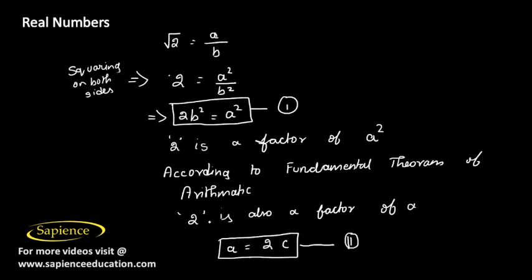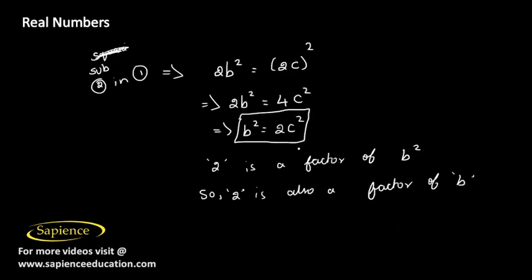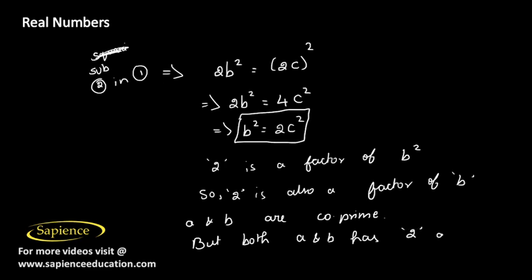So we just found out that 2 is a factor of a, and we are also getting 2 is a factor of b. But a and b are co-prime, yet both a and b have 2 as a factor. So what we are getting is a contradiction. We assumed that root 2 is rational, and from that we wrote root 2 is equal to a by b, where a and b are co-prime numbers.